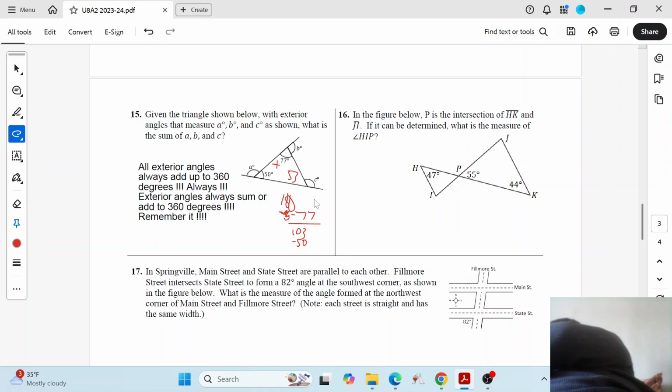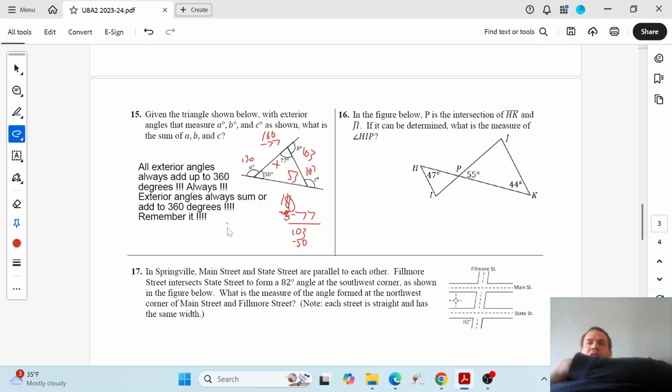And then if we do 180 minus each of those, for example, 180 minus 77 is 103, so this would be 103. 180 minus 53 is 127. And then 180 minus 50 would be 130.